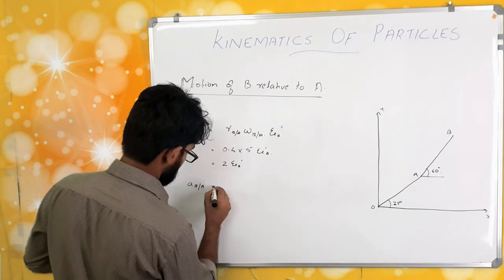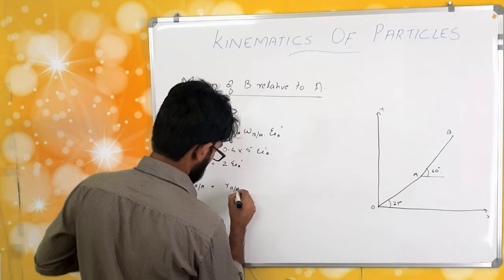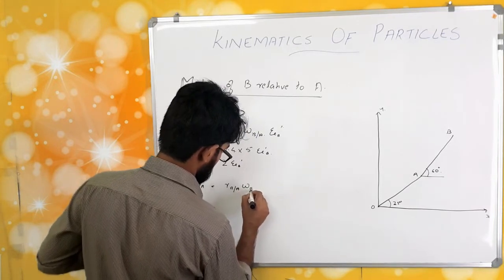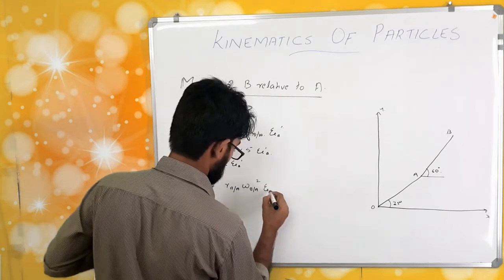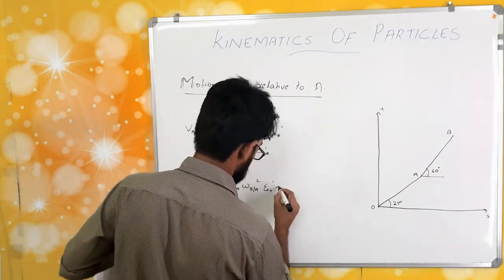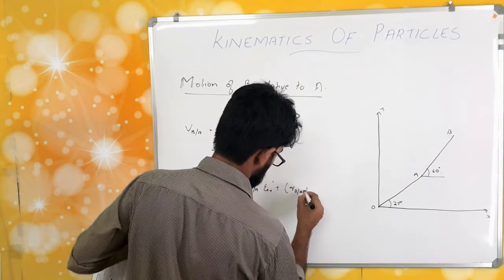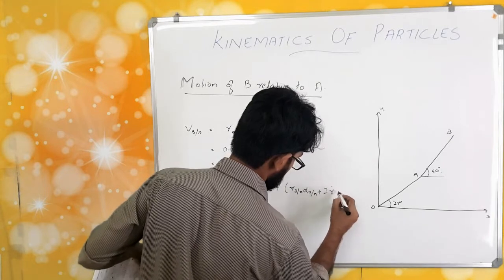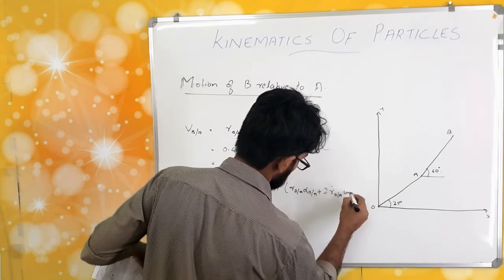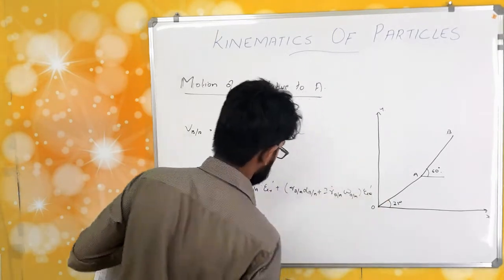Okay. Now acceleration. A B with respect to A is equal to minus R B with respect to A, omega B with respect to A the whole square, along epsilon R dash, plus R B with respect to A alpha B with respect to A, plus 2 R dot B with respect to A omega B with respect to A epsilon theta dash.